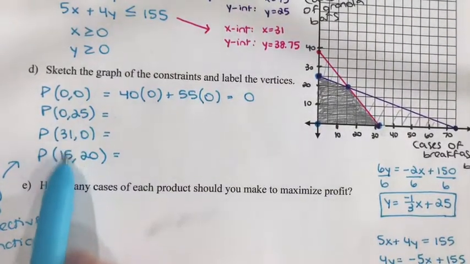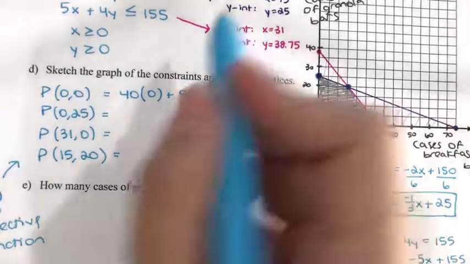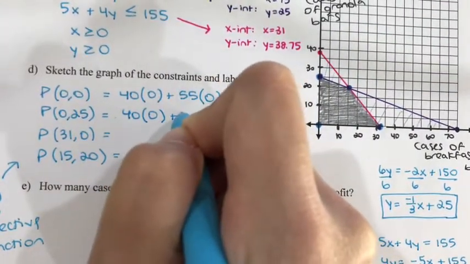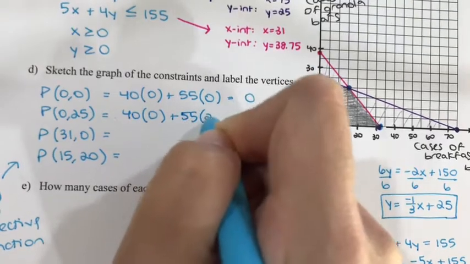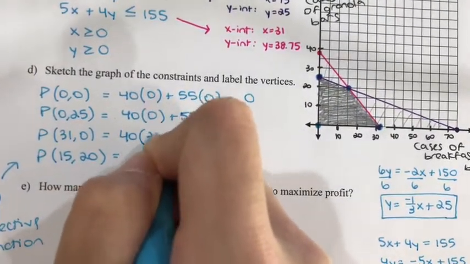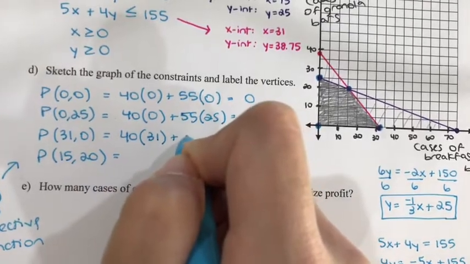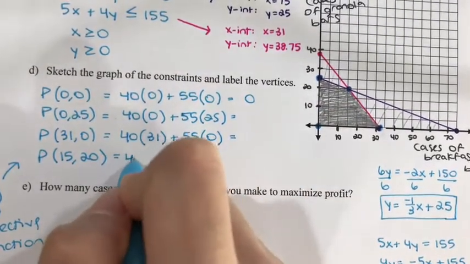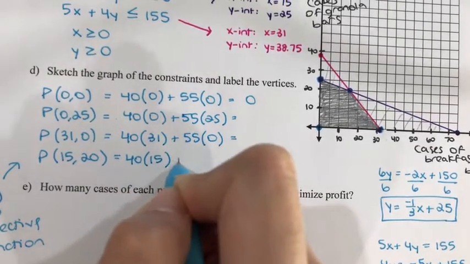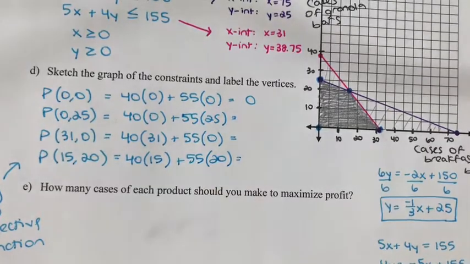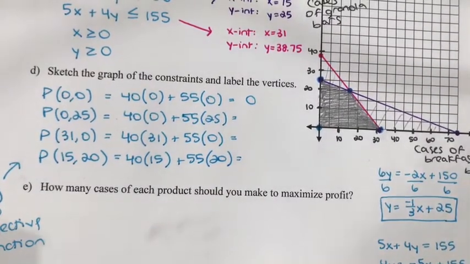Now, let's go ahead and plug the following values in. I like to just do them all at once. Okay, so let's see what we get for each of these.